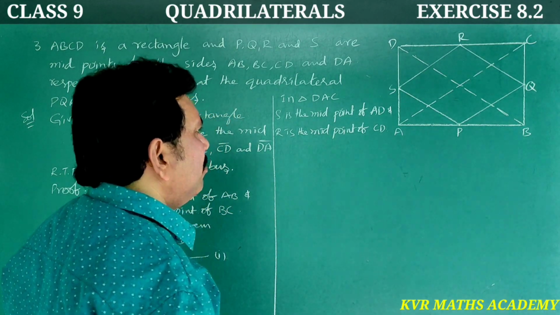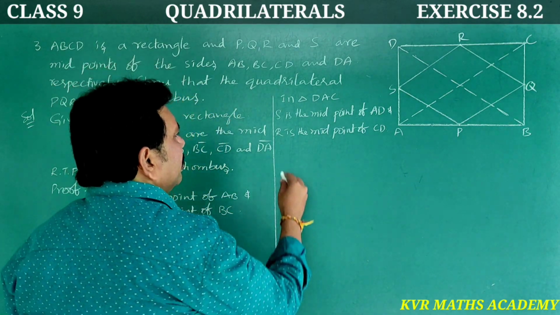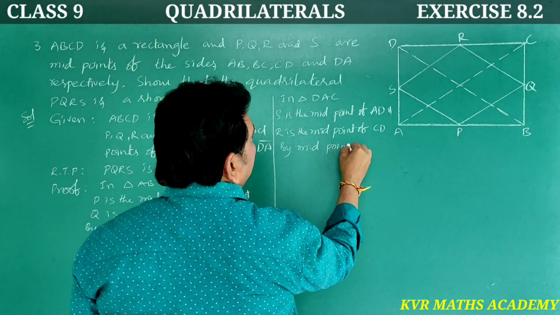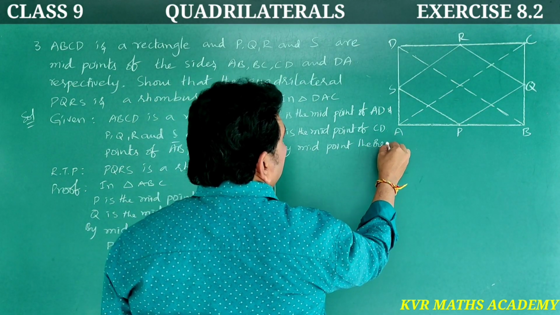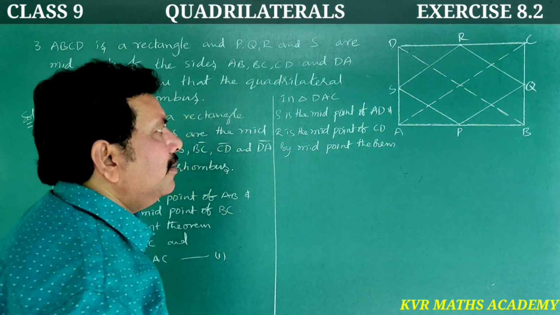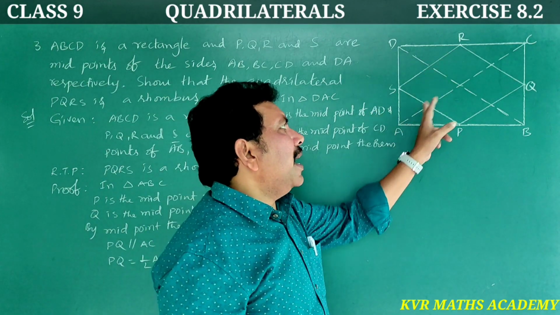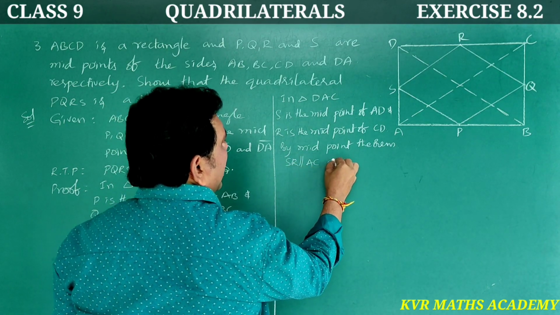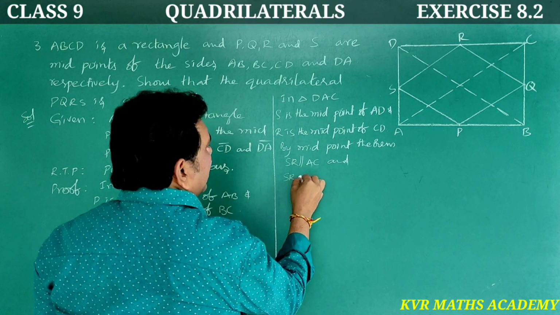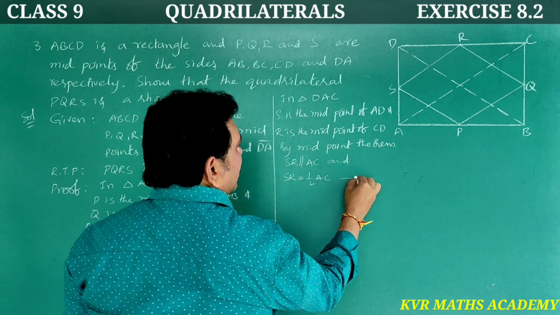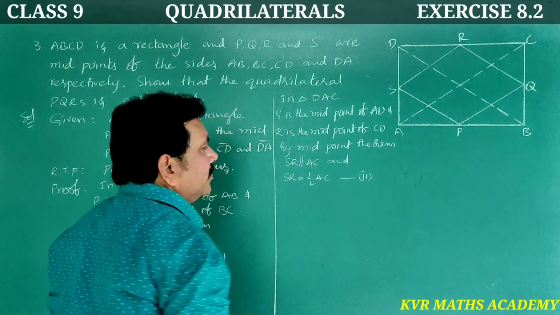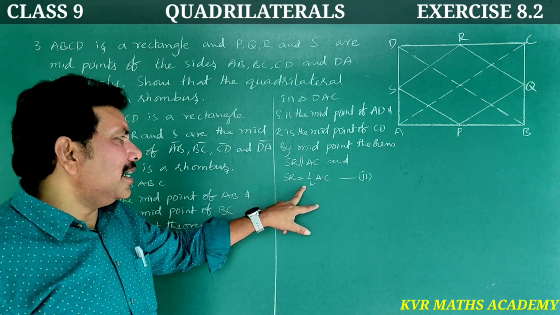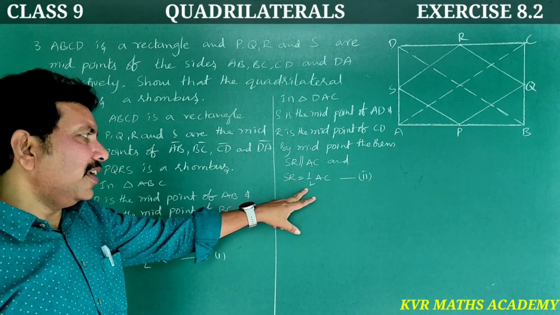So here also, by the midpoint theorem, SR is parallel to AC and SR is equal to half AC. So this is equation number 2: SR is parallel to AC and SR is equal to half AC.